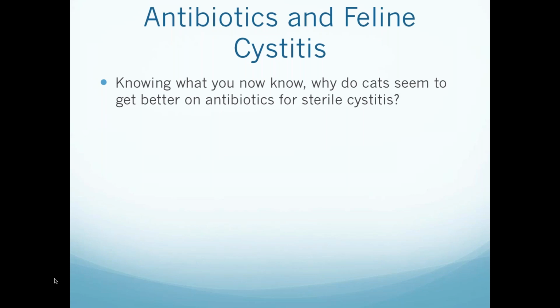Whenever I'm doing a cystitis case in cats, I tell people that except if the cat's on a super crappy diet, 99% of the time, it's an emotional problem being expressed downstream, pun intended. So, why do cats seem to get better on antibiotics?